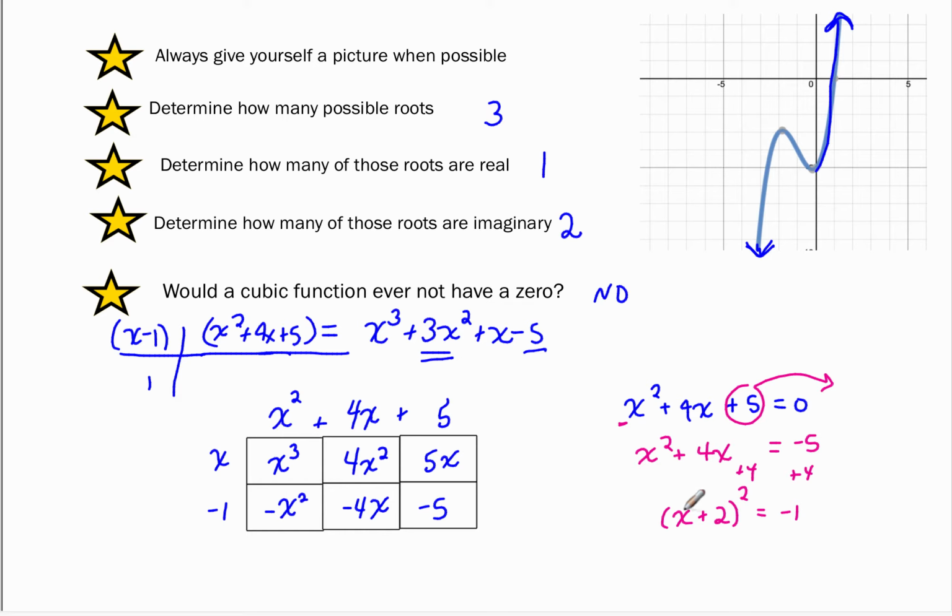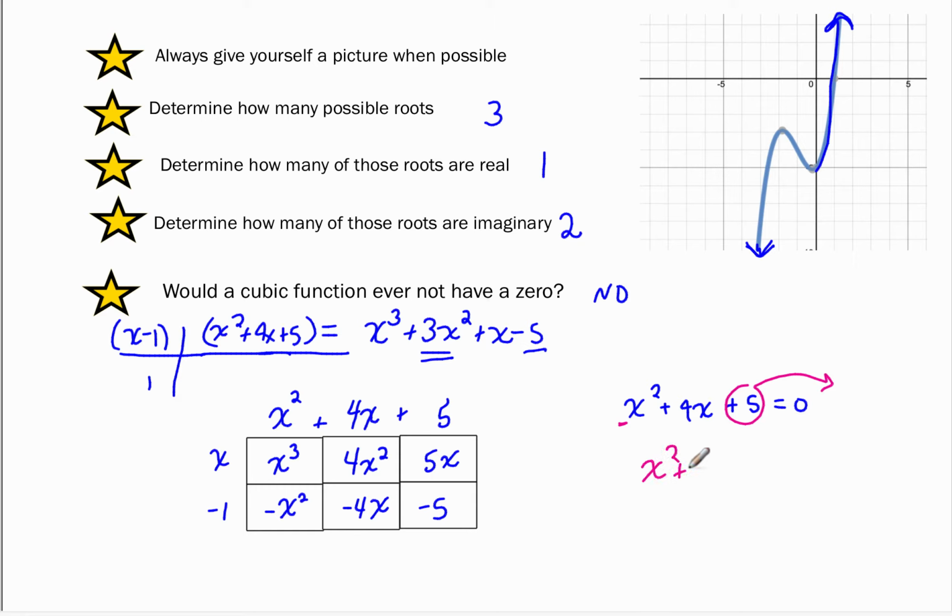Now to solve for x, I take the square root and move this 2 to the other side. So x equals negative 2 plus or minus the square root of negative 1. So x equals negative 2 plus or minus i. Yes, in fact, I could have done that quicker, and I expect you to do it quicker. Honestly, this is as quick as I would do it.